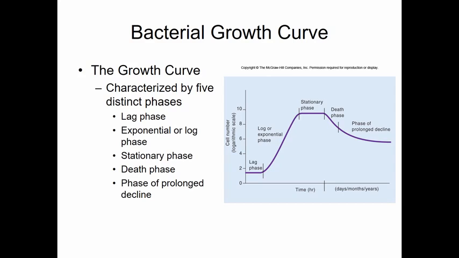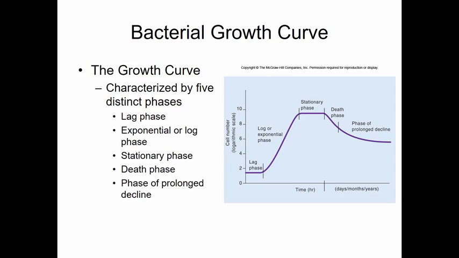What you can see here is time in hours, and later on this is going to prolong into days and years. So the 5 main phases are the lag phase, log phase, which is also called the exponential phase, stationary phase, death phase, and the phase of prolonged decline. Typically we recognize the first 4 phases, and this stage of prolonged decline is what's left over, okay, if you don't manage to kill everything off.